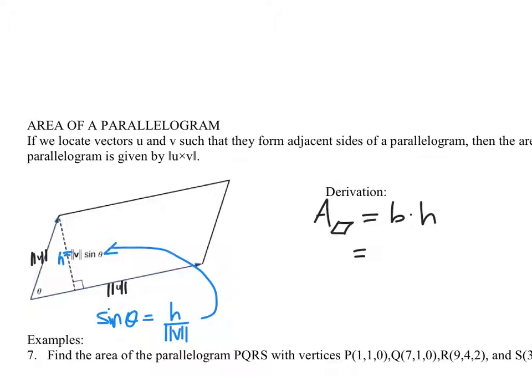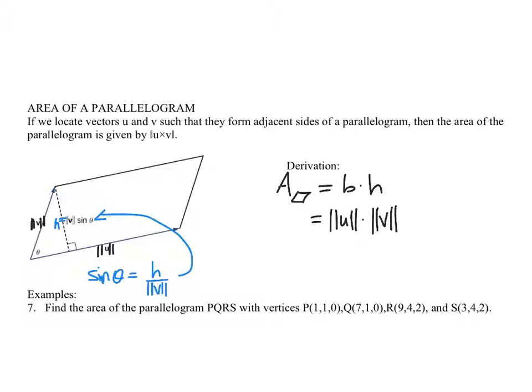The length of the base is equivalent to the magnitude of u. The height is the magnitude of v times the sine of theta. So as it turns out, we have a proof that demonstrates that the formula we're using and defining as the magnitude of the cross product will also give us the area of a parallelogram, right?